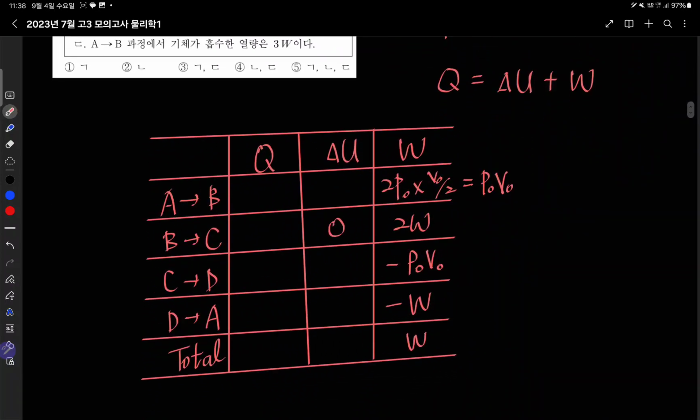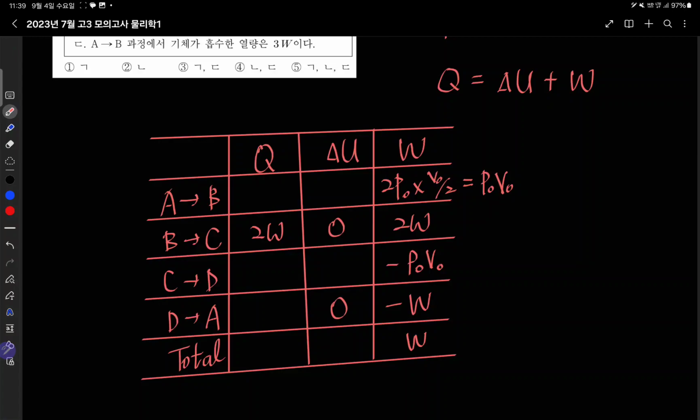So delta U is 0 in these two processes. That means to do the amount of work 2W from B to C, the engine needs to absorb 2 times W amount of heat.